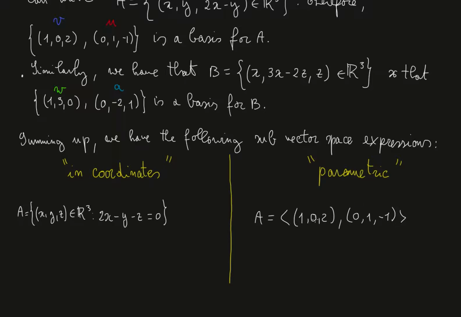We just indicate two vectors of A from which we can derive all the other vectors.